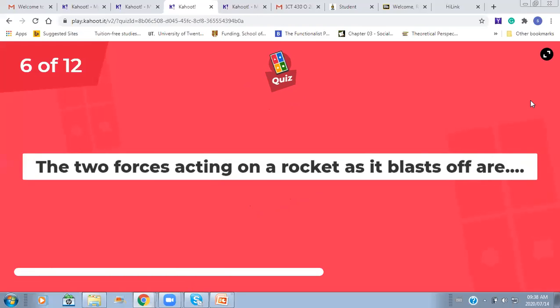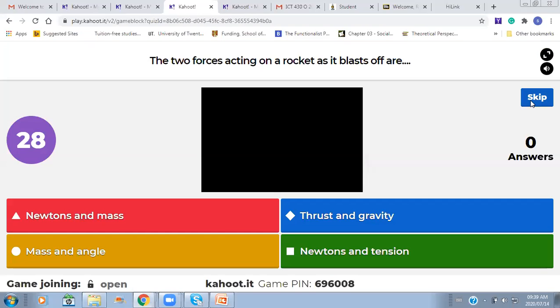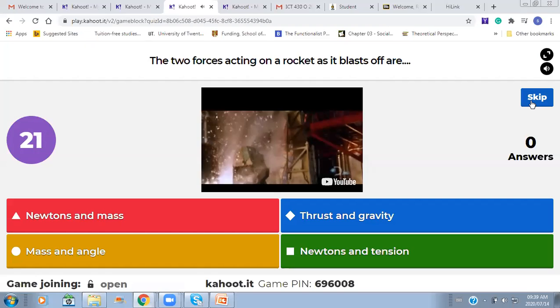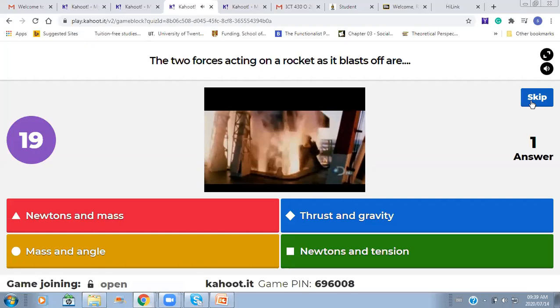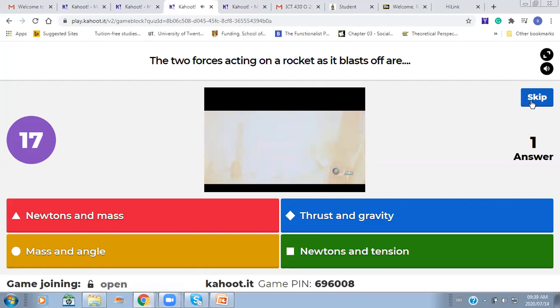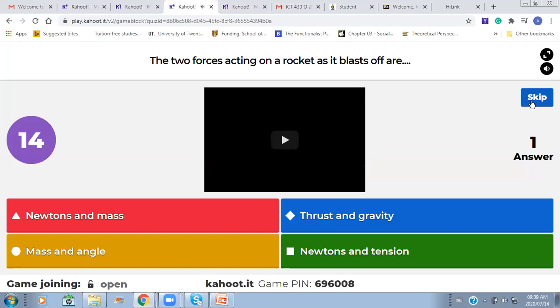The two forces acting on a rocket as it blasts off are... So let's go on. This is the kind of force we are talking of. Yes, what kind of force is that?